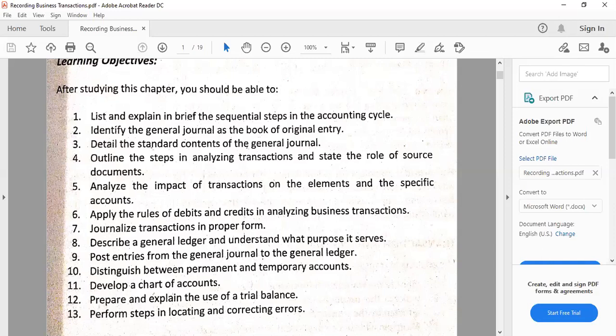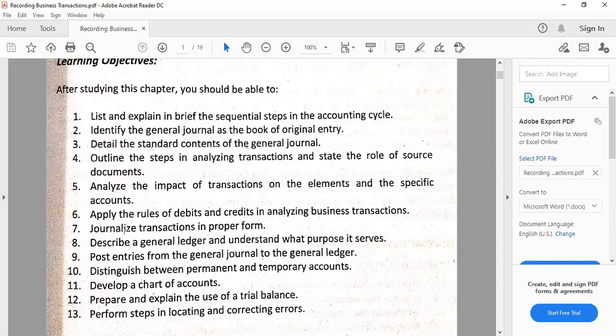Sixth is to apply the rules of debits and credits, like when assets would increase and decrease. Assets have normal balances or increased sides of debits. Therefore, they would increase on the debit side and decrease on the credit side. And then we have to apply these rules in analyzing business transactions.